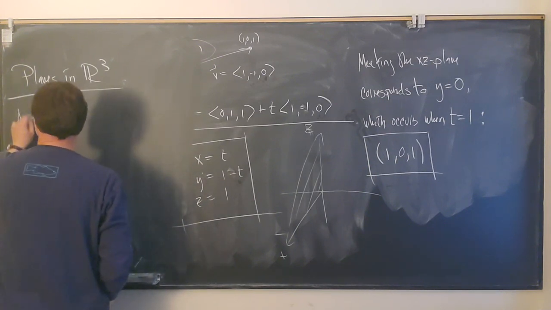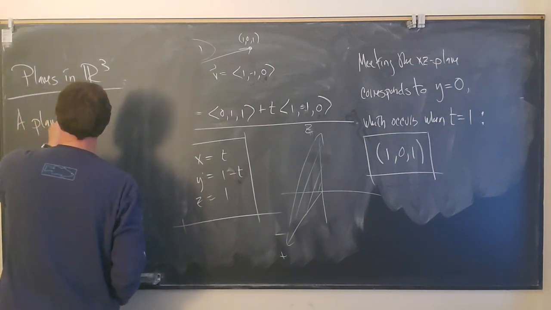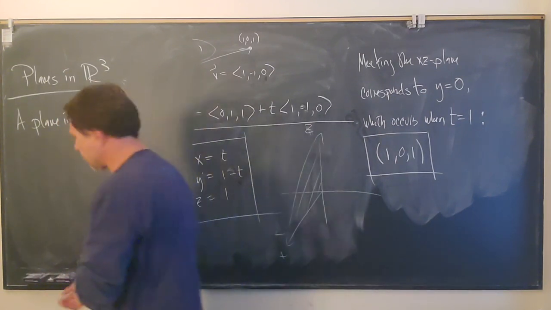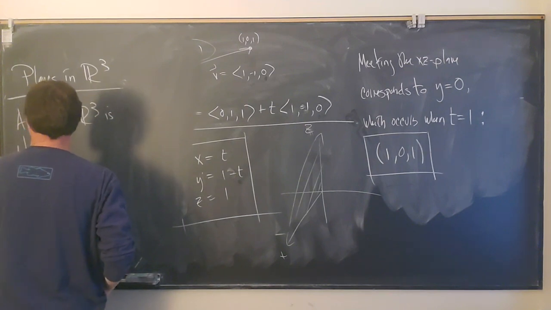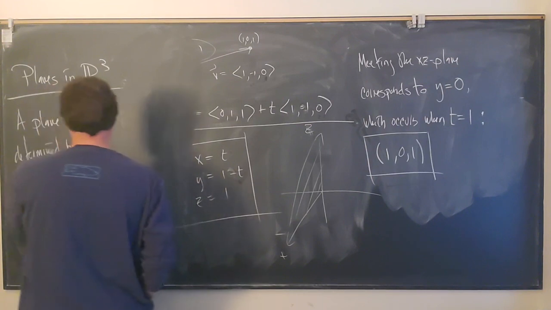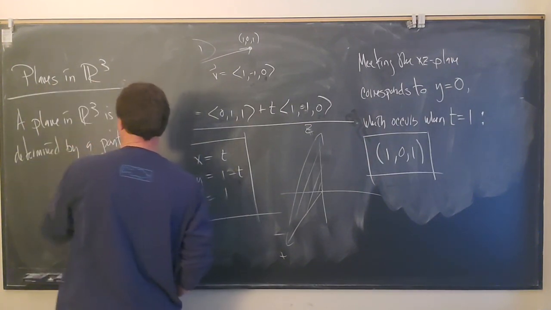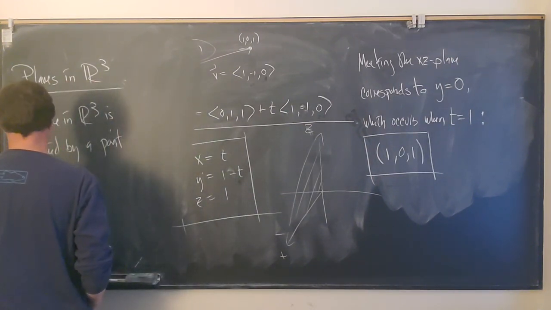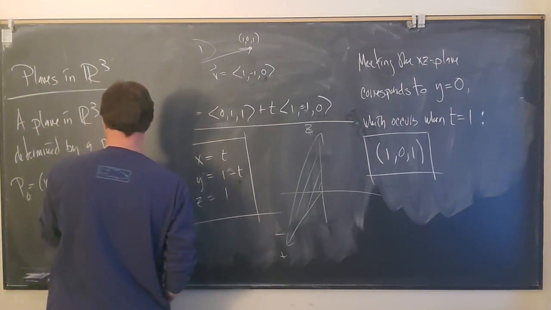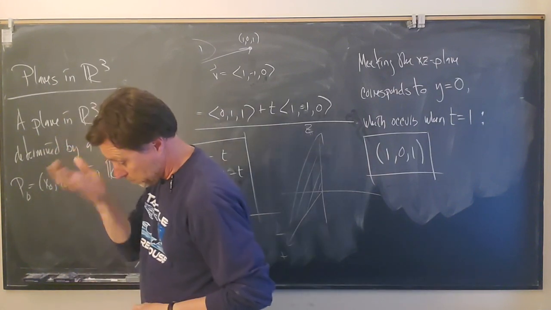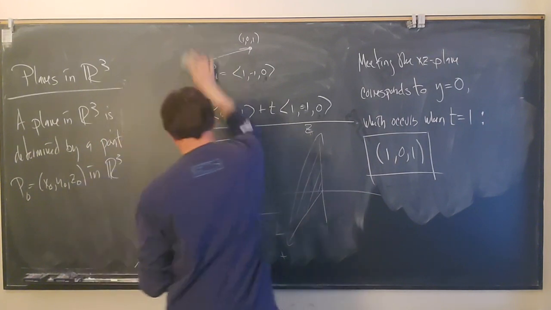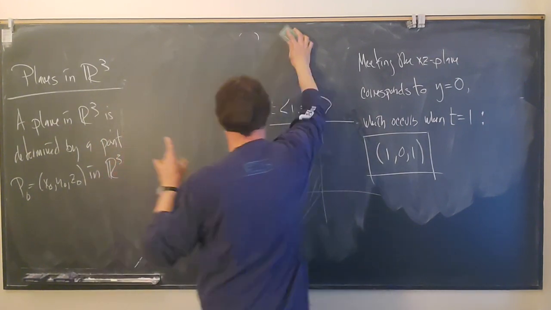So a plane in R3 is determined by a point P0 equal to x0, y0, z0 in R3, and tilt. And the way we specify tilt is by specifying a vector that is orthogonal to every vector in the plane.